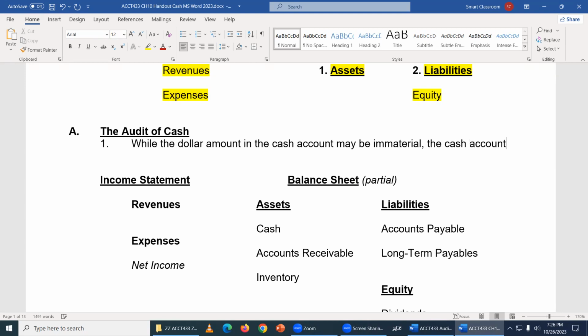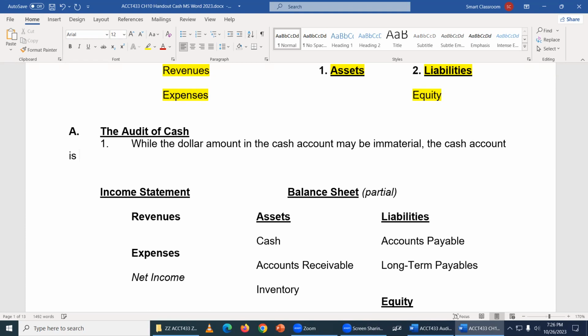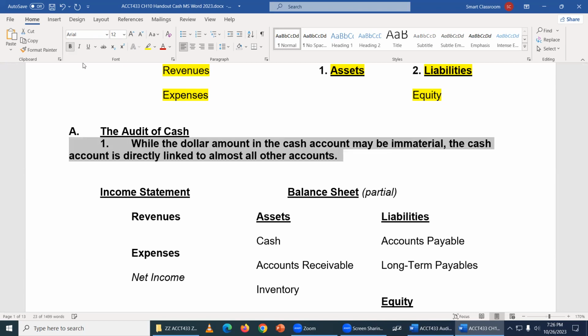The cash account is directly linked to almost all other accounts. And we'll talk more about this in a minute.